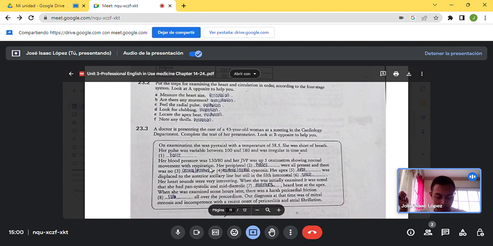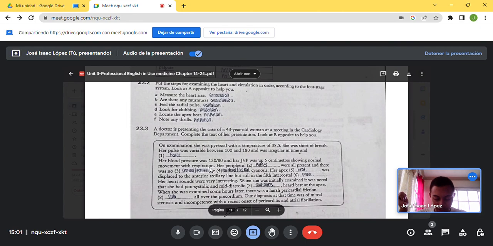Her peripheral pulses were all present, and there was no central or peripheral cyanosis. Her apex beat was displaced to the anterior axillary line, but still in the fifth intercostal space. Her heart sounds were very interesting.